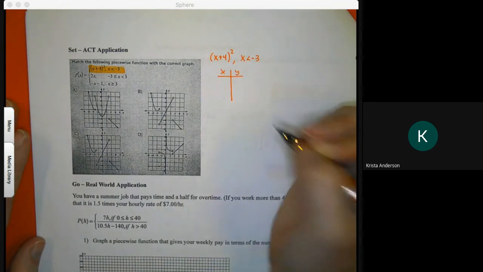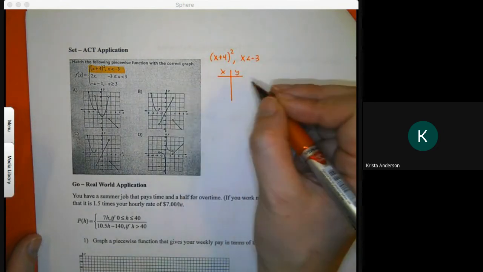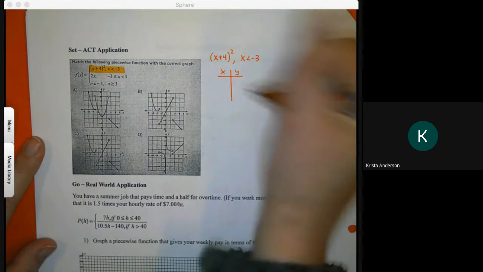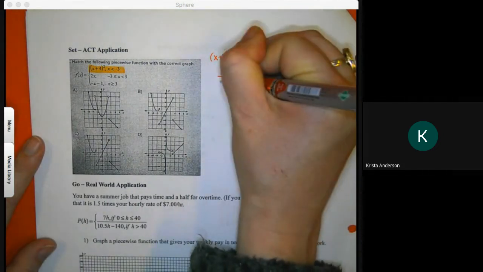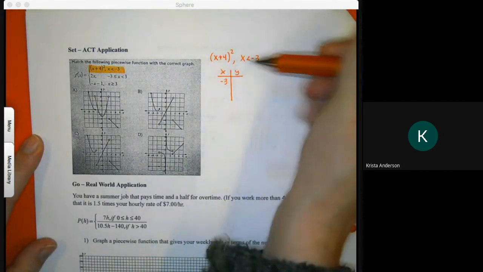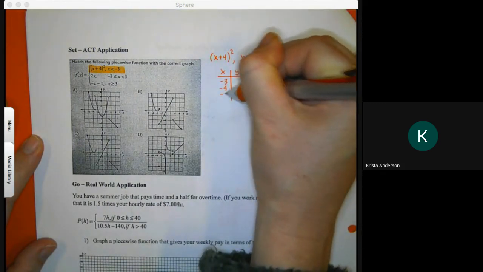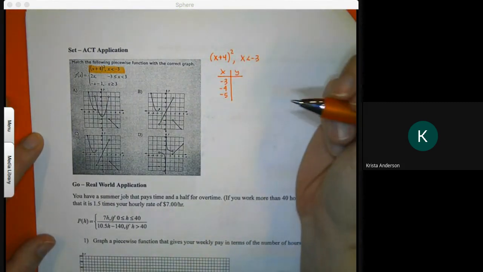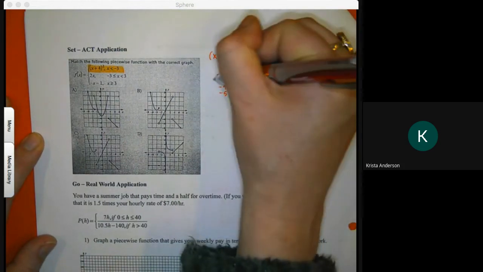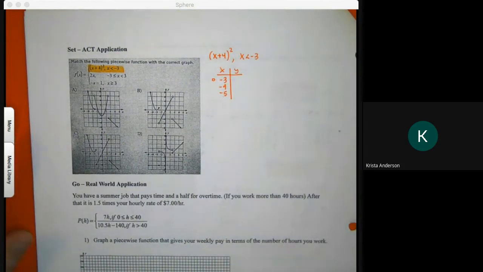So that means these harder questions, they're gonna be a little bit harder. I go from -3. Numbers to the left of -3 will be -4 and -5. It is an open dot on -3.